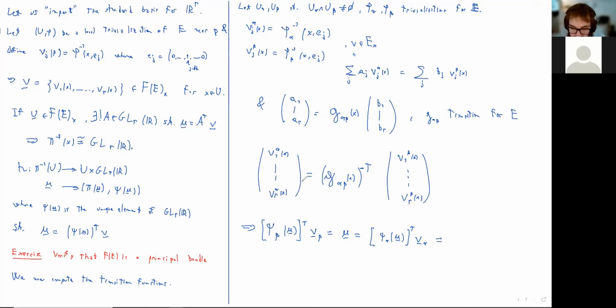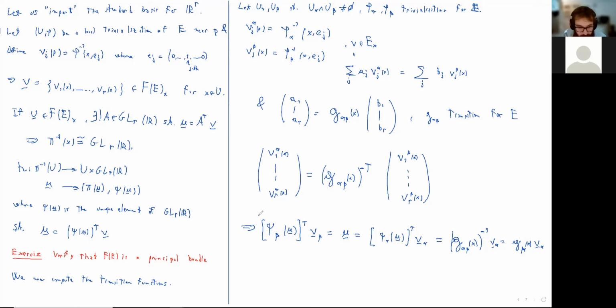But here now we can use this fact. So this V alpha is just this collection of all of this, right? So we can use this. And we know that this is the same as G alpha beta inverse, because transpose and transpose cancel out, V alpha. But you know from the cocycle conditions that this is just G beta alpha of X times V alpha.